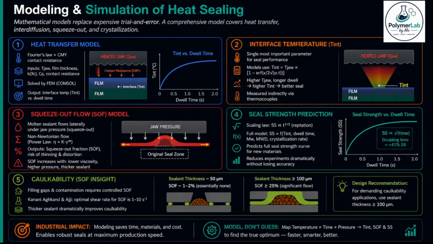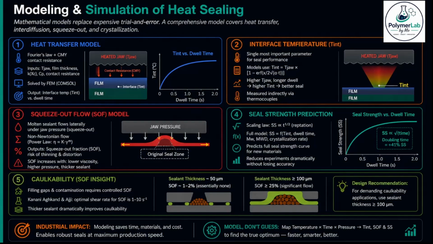The heat transfer model, the first one, uses Fourier's law of conduction and a thermal contact resistance model at the jaw-film interface. The Cooper-Mikic-Yovanovich model accounts for the fact that the contact between the jaw and the film is not perfect. It depends on surface roughness, hardness, and contact pressure.